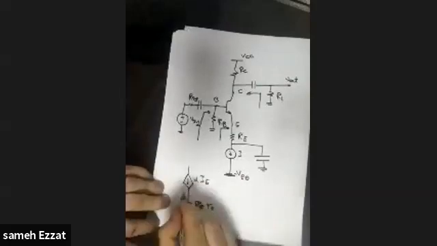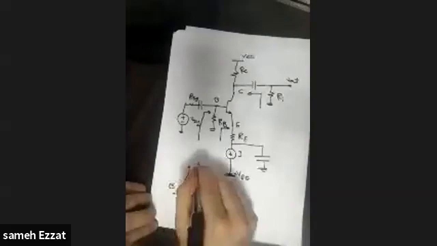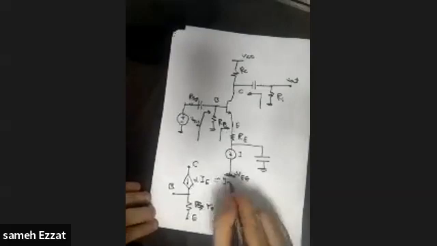And this is the base terminal. And of course, this is the collector terminal. So as you can see, it's a current-dependent current source, alpha times IE. You have the base here, and you have the re, which is a small resistance here. Of course, this alpha IE is typically the same as gm times v pi.